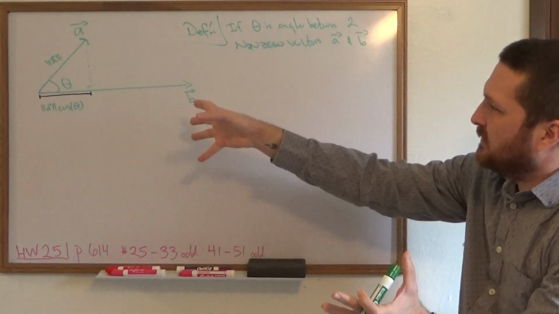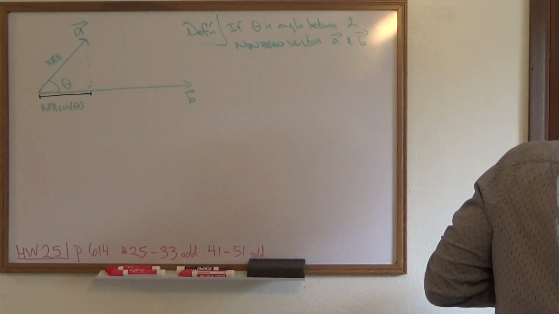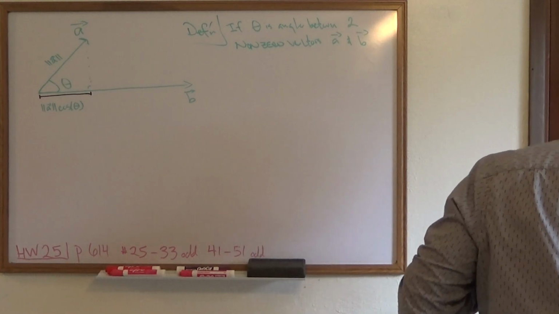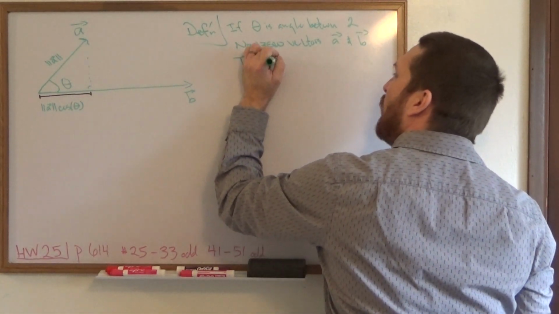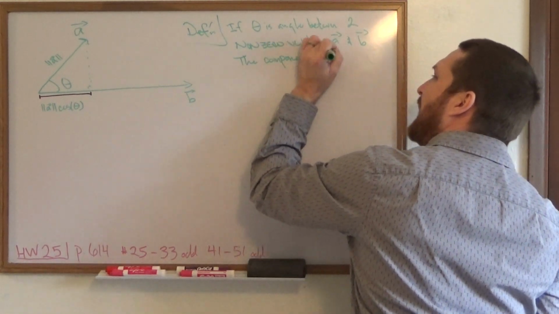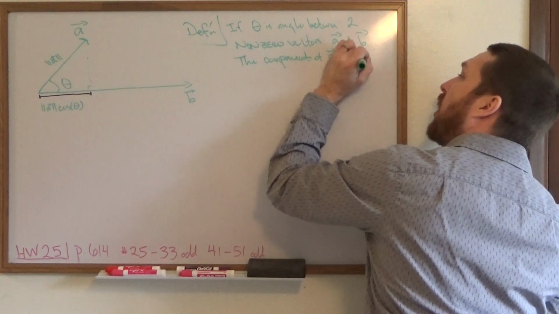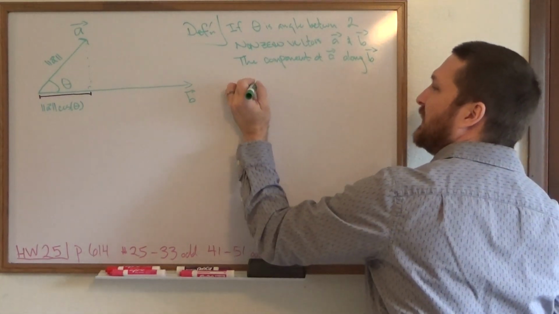You have two vectors, they're non-zero, there's some angle between them. Then we define the component of A along B.